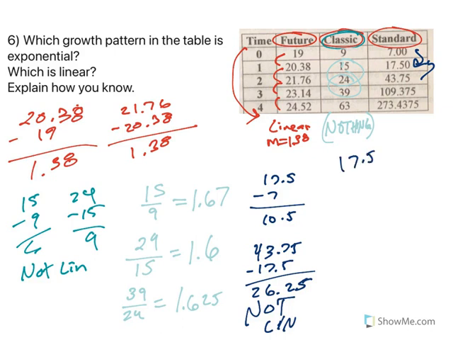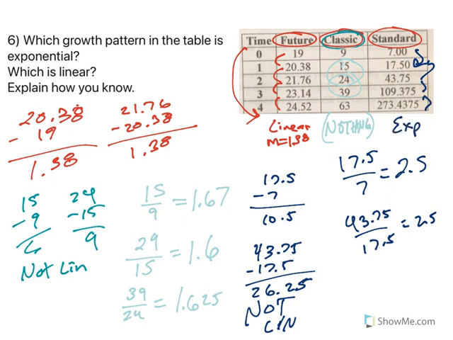So 17.5 divided by 7. What does that give me? 2.5. Okay, 43.75 over 17.5. What does that give me? 2.5. Check them. Yes, they all work, so we know it's exponential with a growth rate of 2.5.